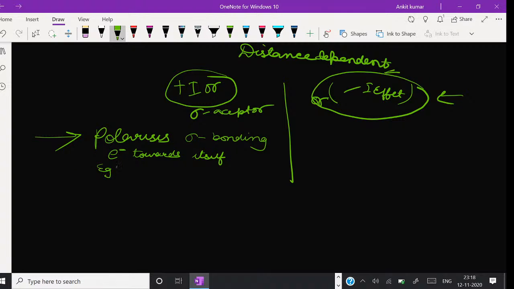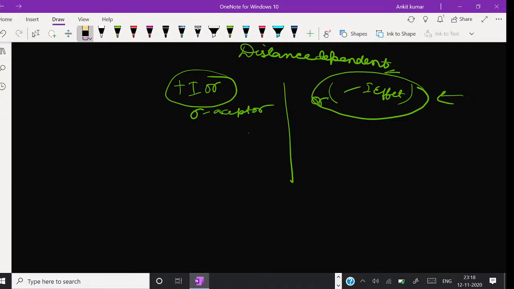Plus I will be electron pumping group, that means group which polarizes sigma bonding electron away from it and makes the carbon chain rich.